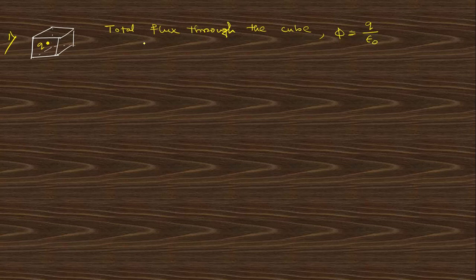Now if you want to find out the flux through any one surface, since this is symmetric, the flux for any one surface is the same, right?